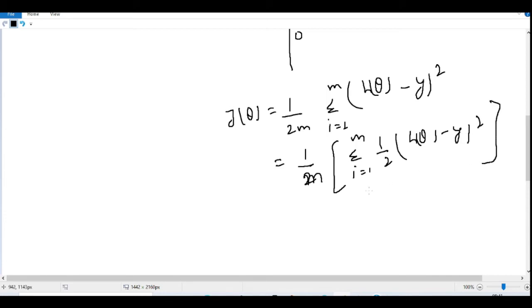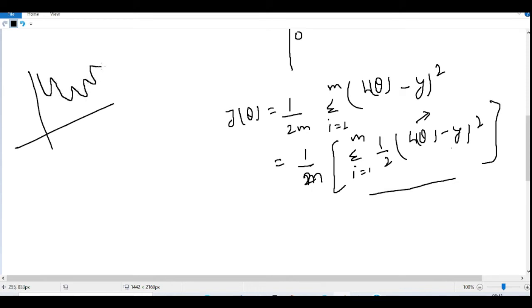Now the problem here is that in logistic regression, h theta is 1 by 1 plus e power minus theta transpose x. If I use that in this cost function, the graph will have multiple local minima, so we might not be able to converge to the global minimum. To avoid this, we want our graph to be convex, such that we can reach the global minimum easily. So in logistic regression we are not going to use this as the cost function.